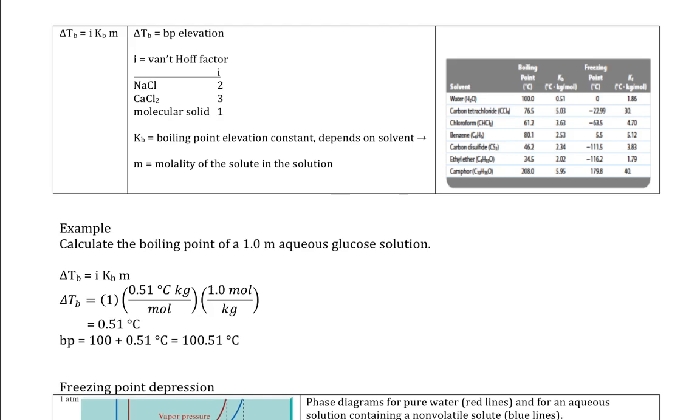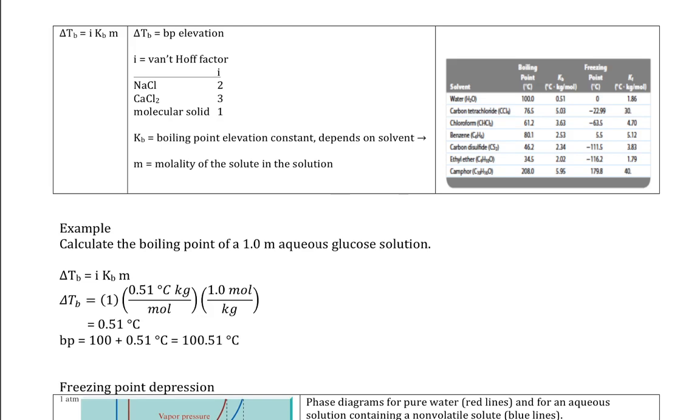So here's an example. Calculate the boiling point of a 1.0 molal aqueous glucose solution. So we use delta T sub B equals I times Kb times M, where we're talking about a molecular solid, so I is 1. K sub B, we go to our table, and for water we see the value 0.51.